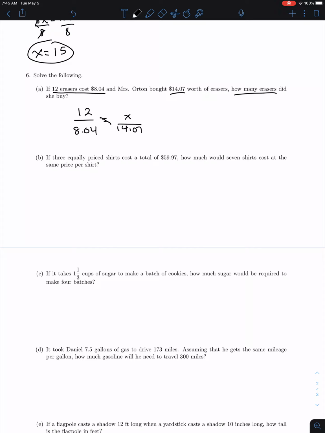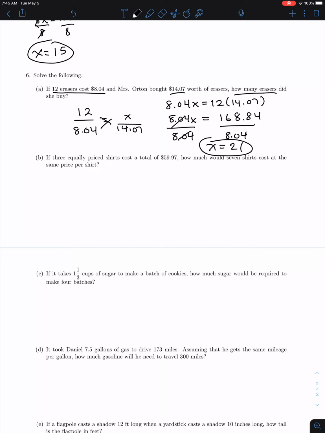From there, we just cross multiply. 12 times 14.07 gives us 168.84. Divide both sides by 8.04, and we end up with x equals 21 erasers in this case.